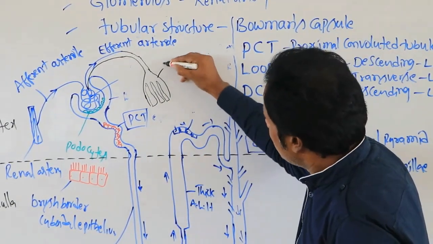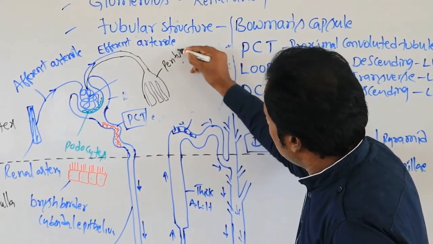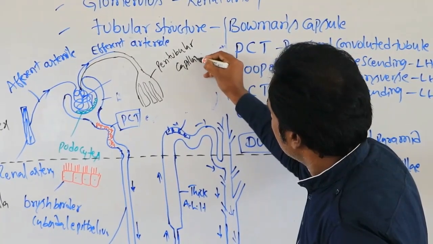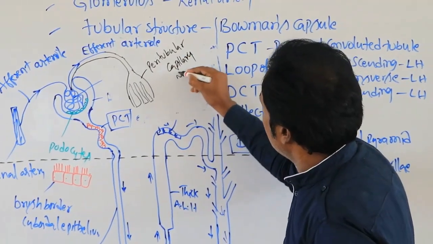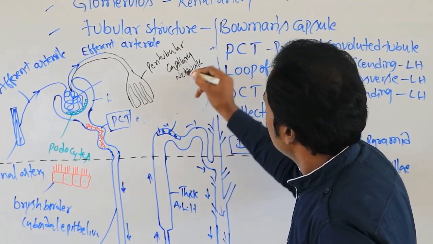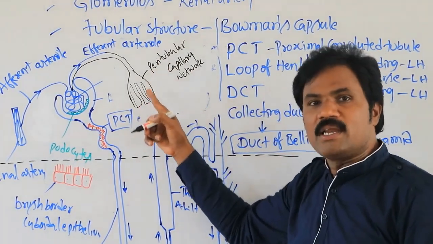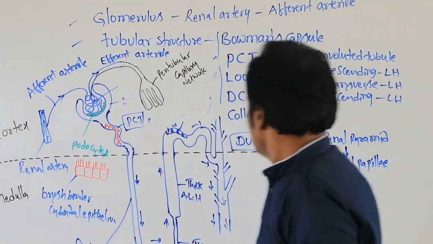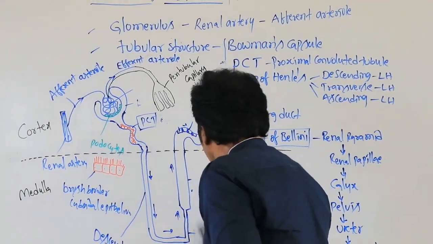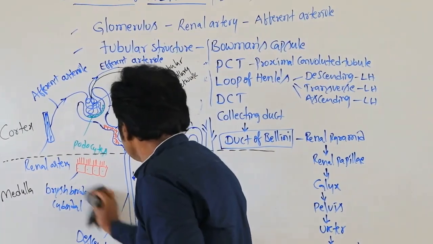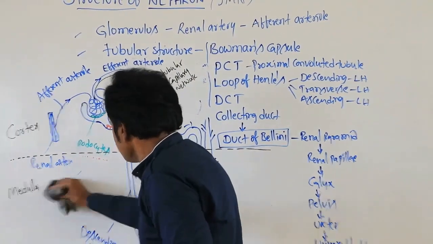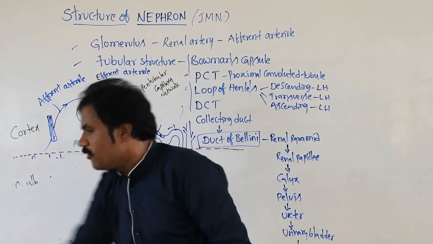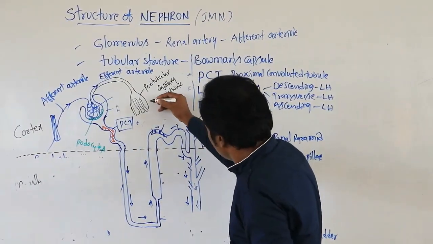This is the peritubular capillary network. What happened? This peritubular capillary network forms all along with this. Observe carefully.